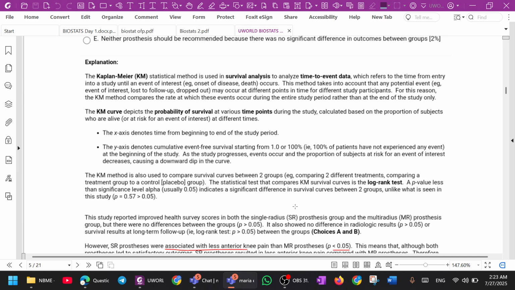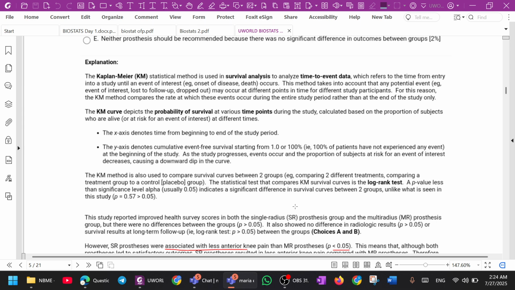The Kaplan-Meier curve statistical method is used in survival analysis to analyze time to event data, which refers to the time from entry into a study until an event of interest, onset of disease, death, occurs. These methods take into account that any potential event of interest, loss to follow-up, or dropout may occur at different points in time for different study participants.